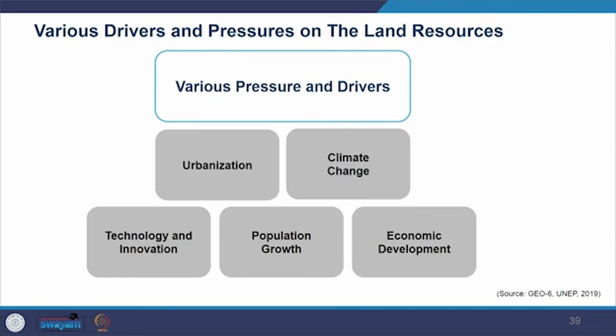Because of such variations, you see much negative impact on the areas which are much more dependent, like agriculture areas, which are at much risk because of such variations in the precipitation.